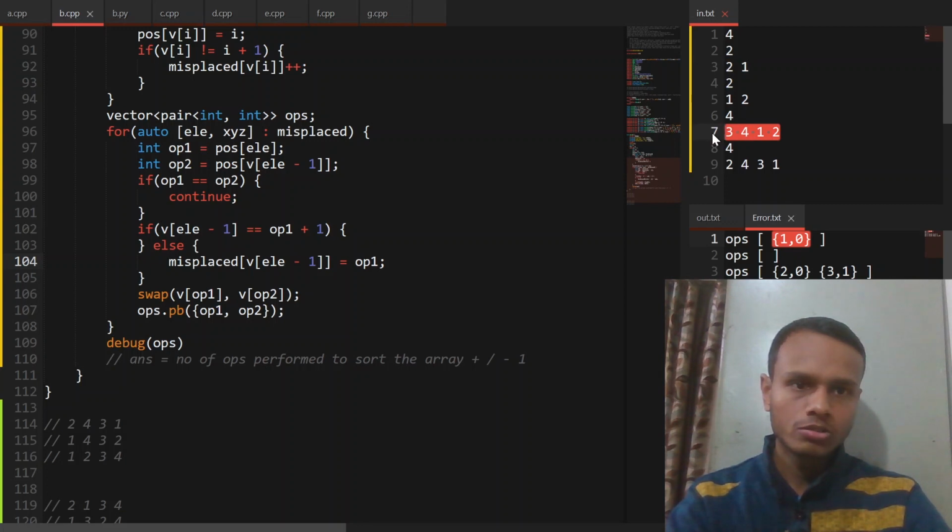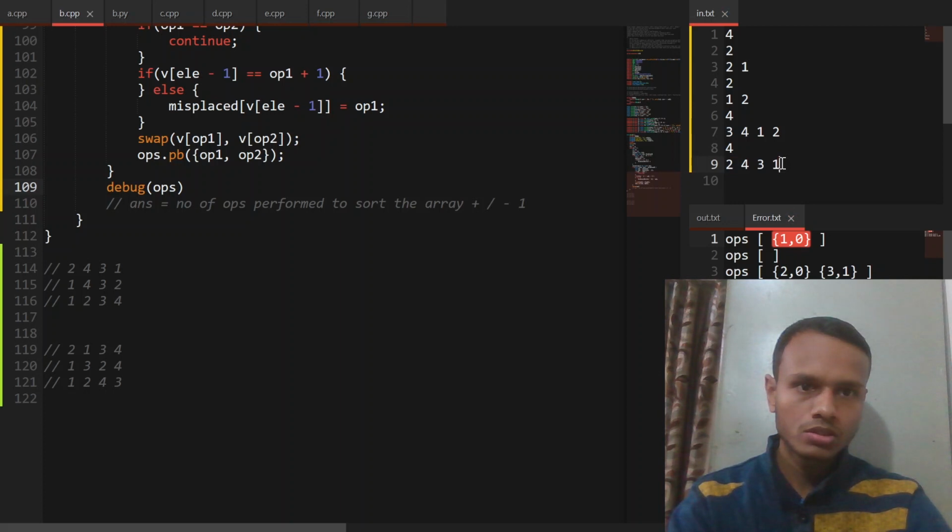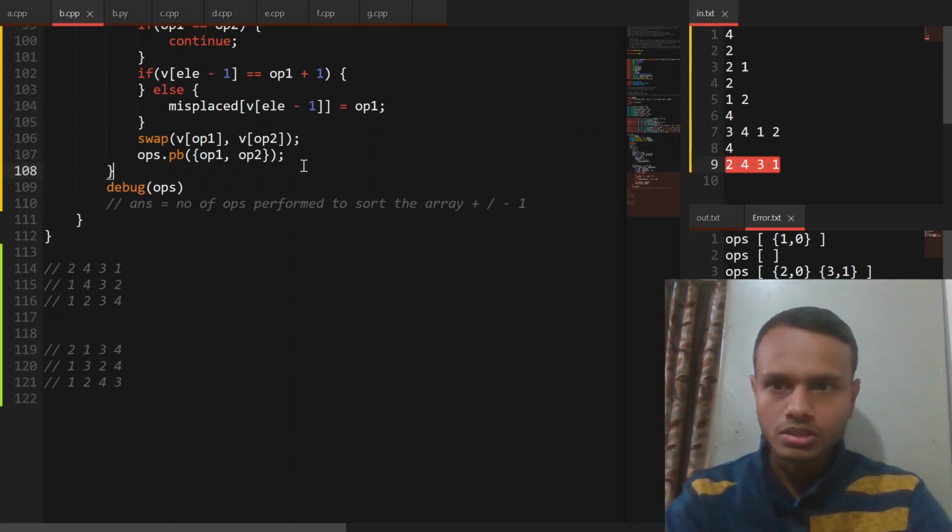For this thing we require 2 operations, and for this thing, yeah, we do need 3 operations. 1 and 3, 2 and 4. Yeah, right. No, on this thing I think I have done something wrong. So I have 1 and 2. Nah, this operation doesn't make sense.